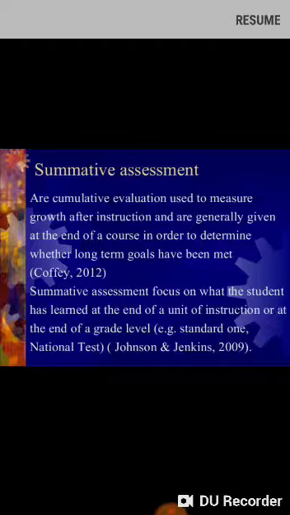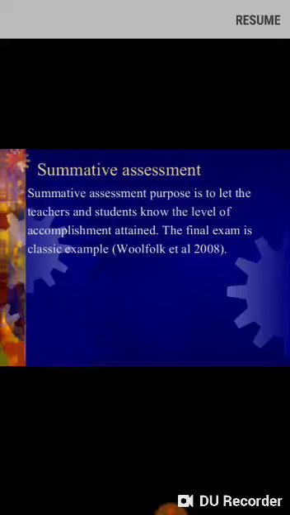Summative assessment focuses on what the students have learned at the end of a unit of instruction or the end of grade level. The main purpose of summative assessment is to let the teachers and students know the level of accomplishment attained. The final exam is a classic example of summative assessment.